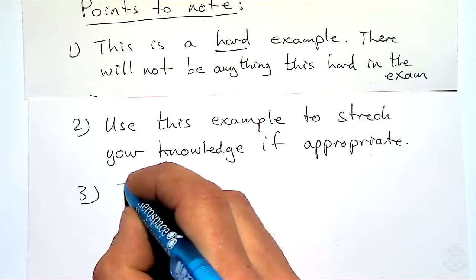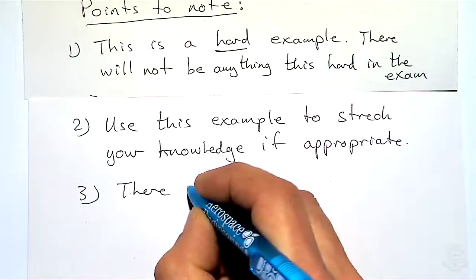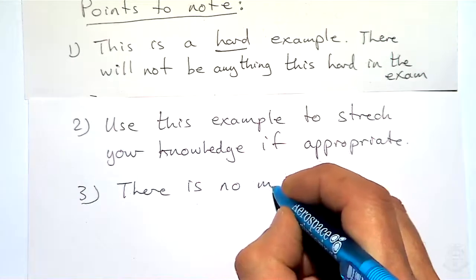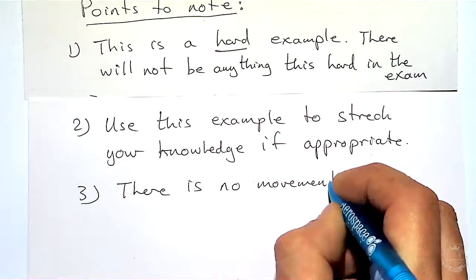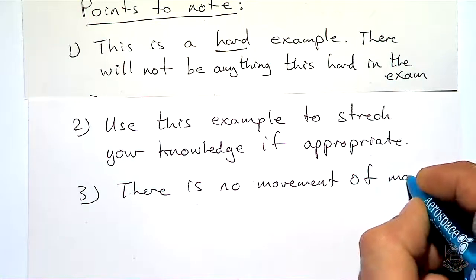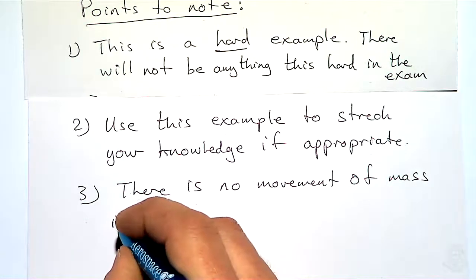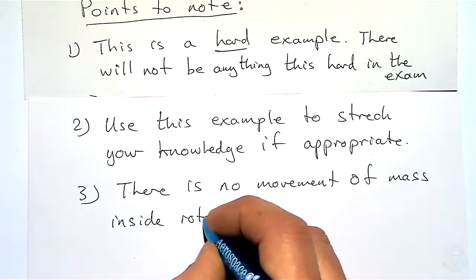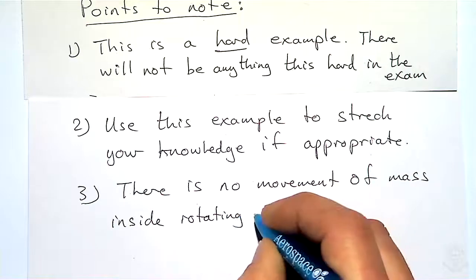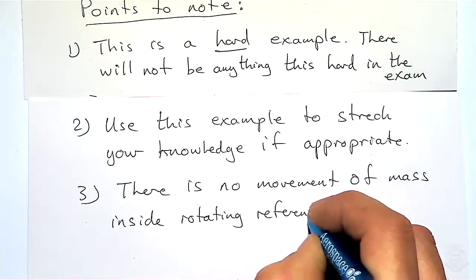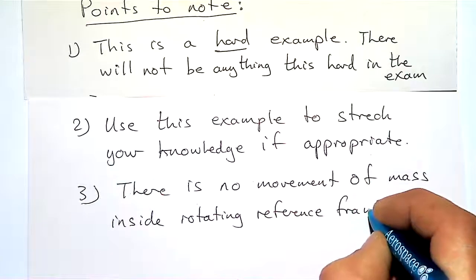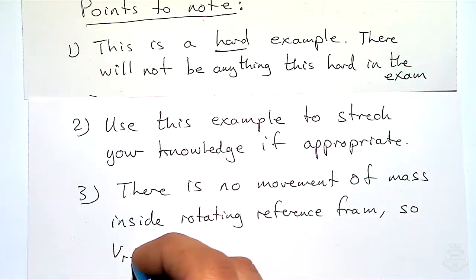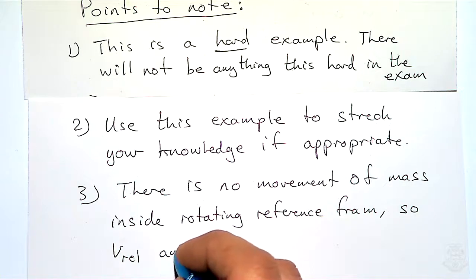When you look at it, it may not be obvious, but there's no movement of the mass inside the rotating reference frame. So the V relative and A relative are 0.